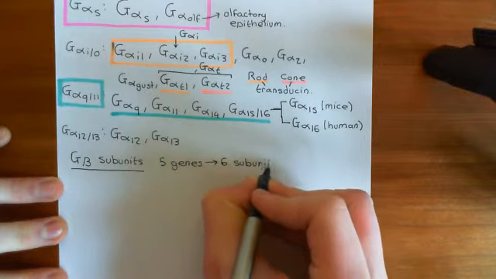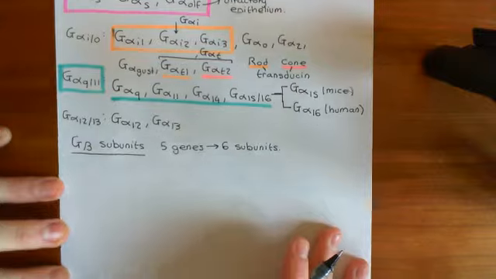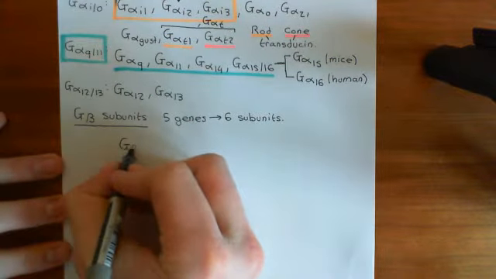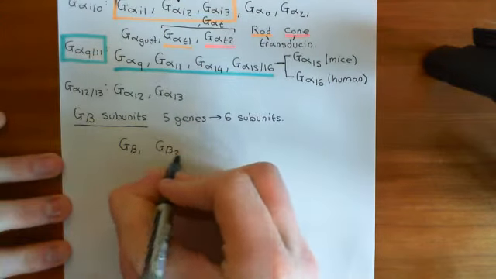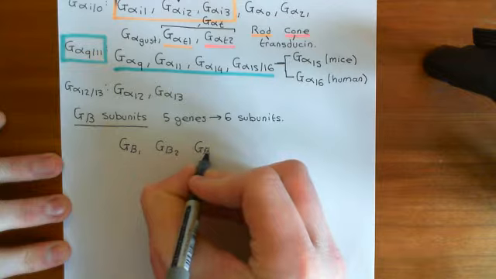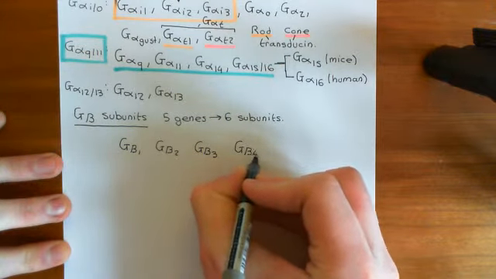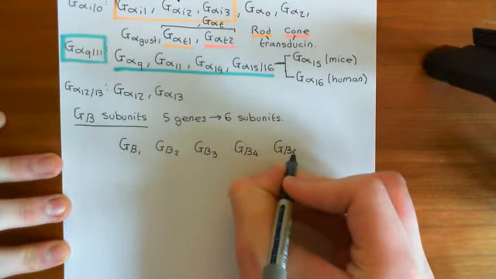Okay, so we know exactly what has happened here. One of these genes has got 2 splice variants, and that is exactly what has happened. Okay, so the 5 genes then are named G beta 1, G beta 2, G beta 3, G beta 4, and G beta 5.